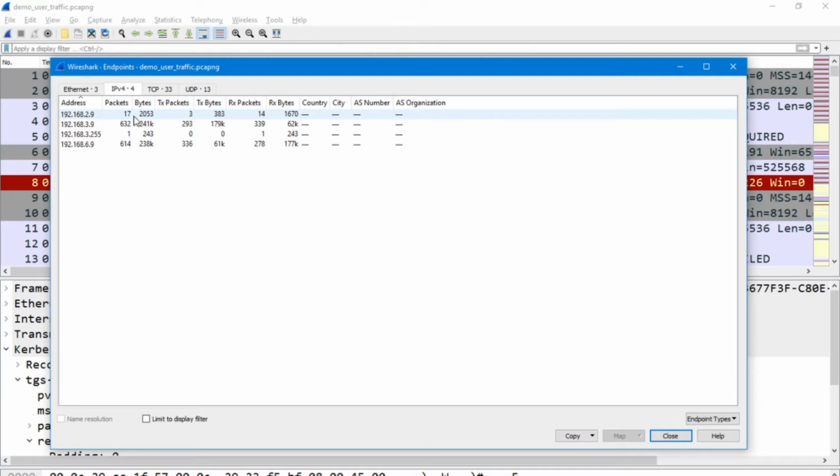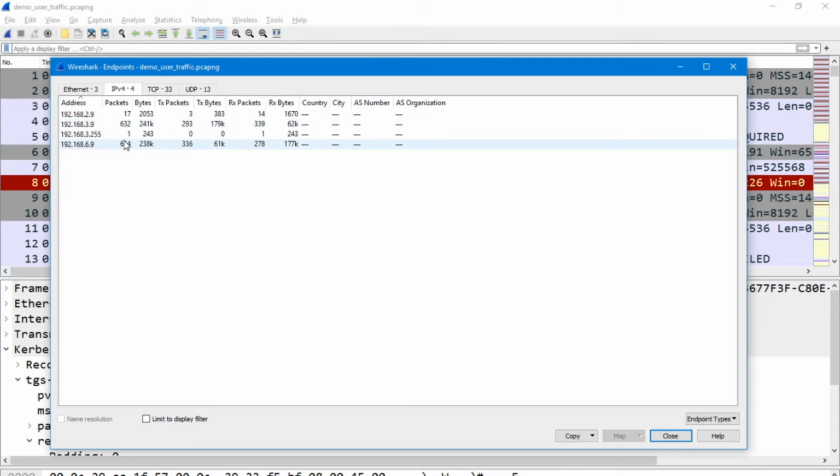So what that would tell me is that this particular asset may not be accessed as much. Well, obviously, because it's only 17. But that also means that it's not a machine that needs to be accessed. Okay. But clearly 6.9 and 3.9 are doing a lot of communicating.